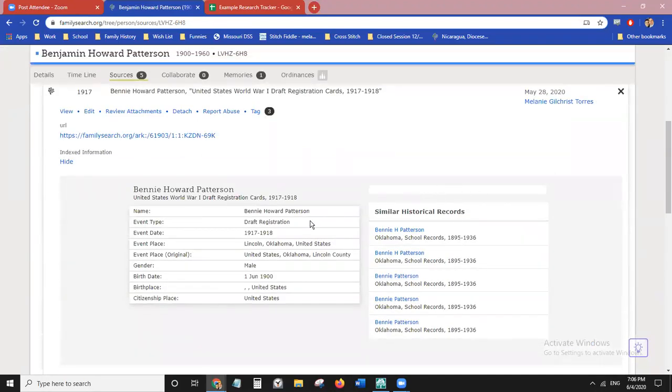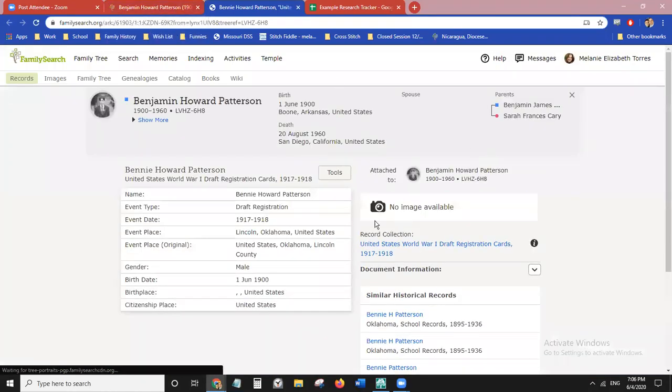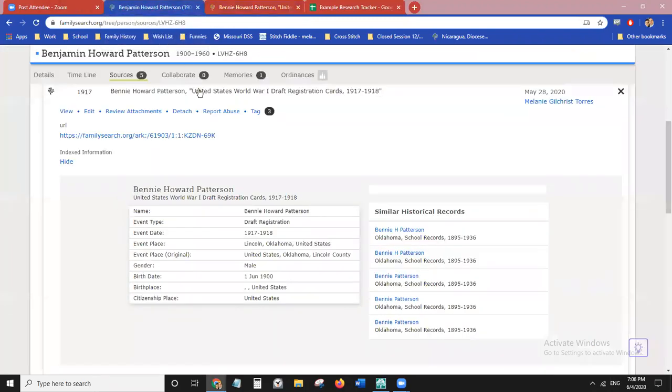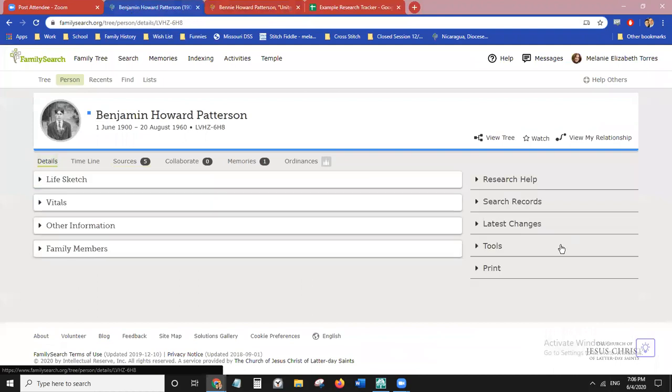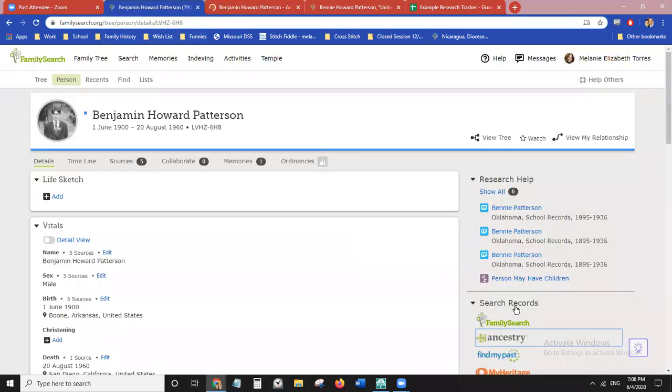Let's see if we can find who we think Benjamin's wife is. If I remember correctly, we had a 1940 census that he was showing up in.